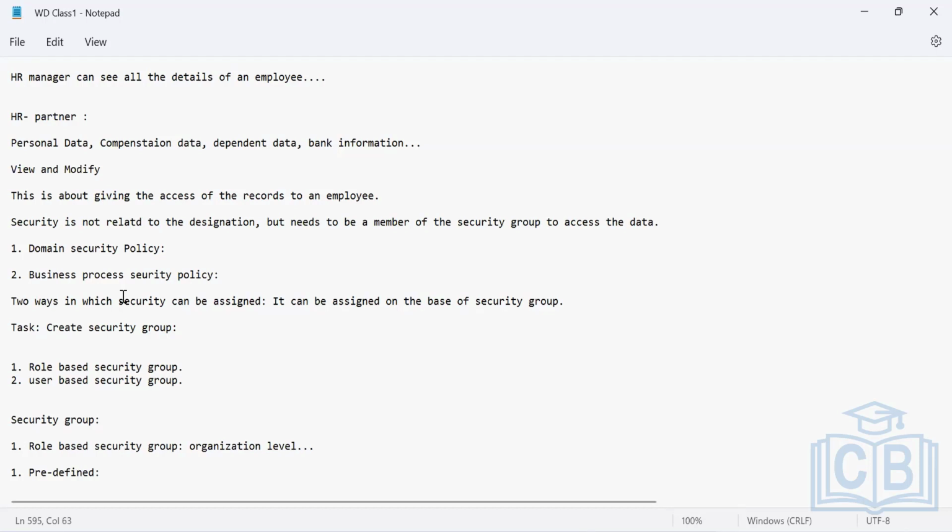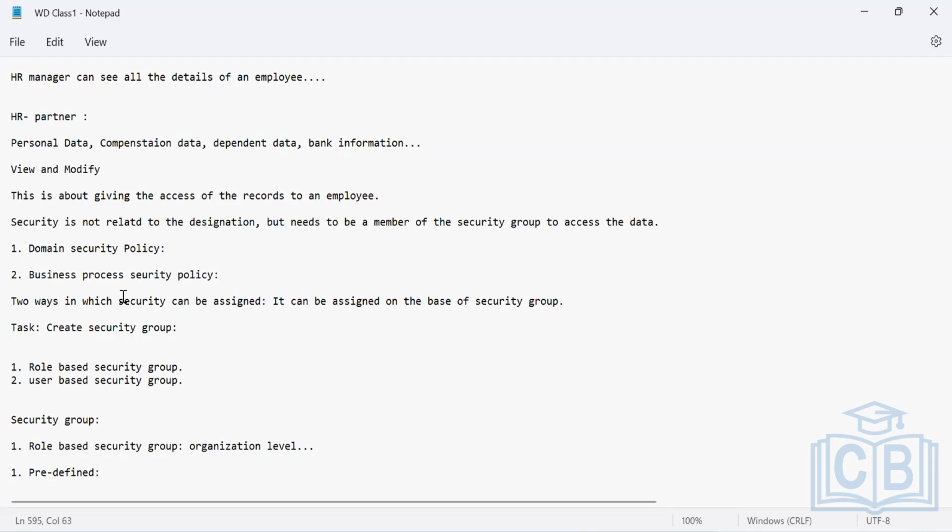So what happens here? Whenever an employee is hired, as per their roles and responsibility, a role is created in the system, and that role is assigned to that employee. That role is also assigned to a security group. It is called a role-based security group.